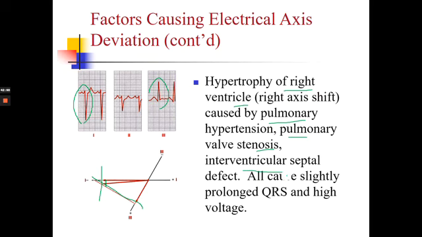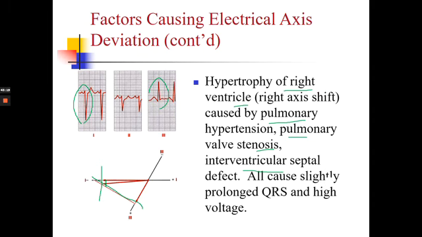Interventricular septal defect, sometimes when the interventricular septum is not completely closed, it's called ventricular septal defect. The blood from the left ventricle at higher pressure is pumped to the right ventricle, and the right ventricle gets hypertrophied and dilated.